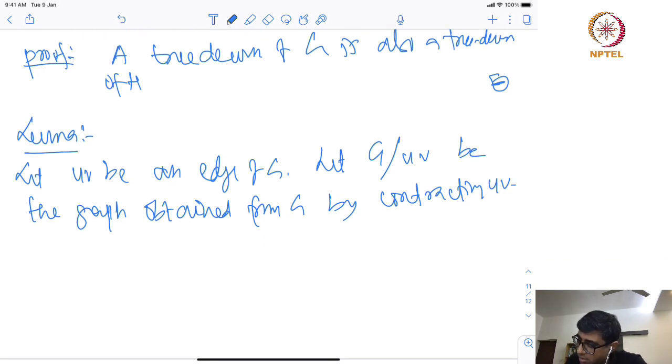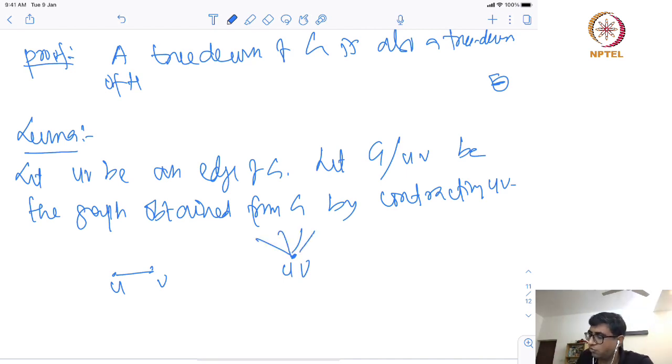What does contraction mean? If you recall correctly, this is an edge, and you make a new vertex uv and make it adjacent to all the vertices which were adjacent to u or v.